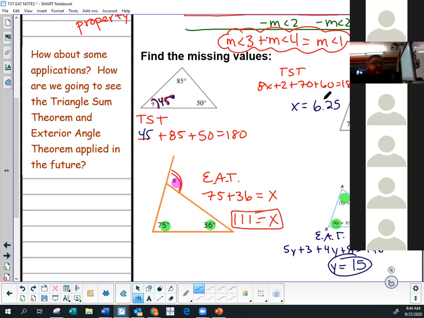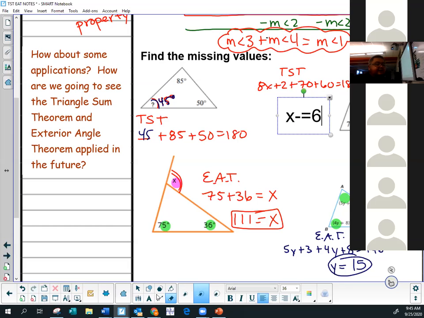I forgot the 2, didn't I? I never subtracted off the 2, so let me recalculate it. So 180 minus 2 minus 70 minus 60, divide that result by 8, and I get 6. Thank you. Oh, not negative 6, Collins, come on.